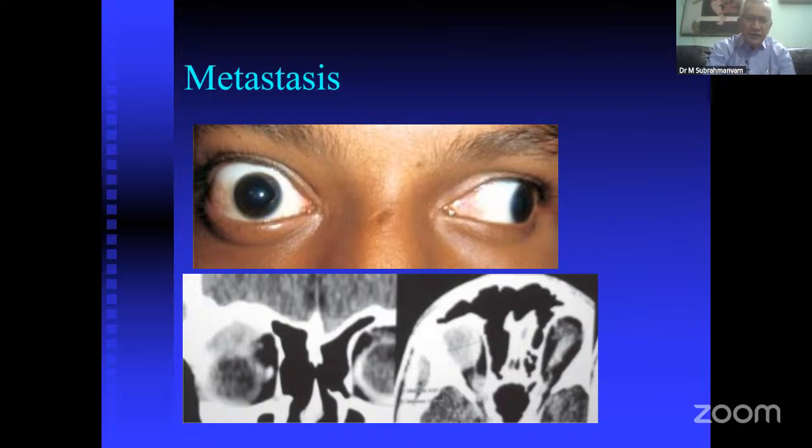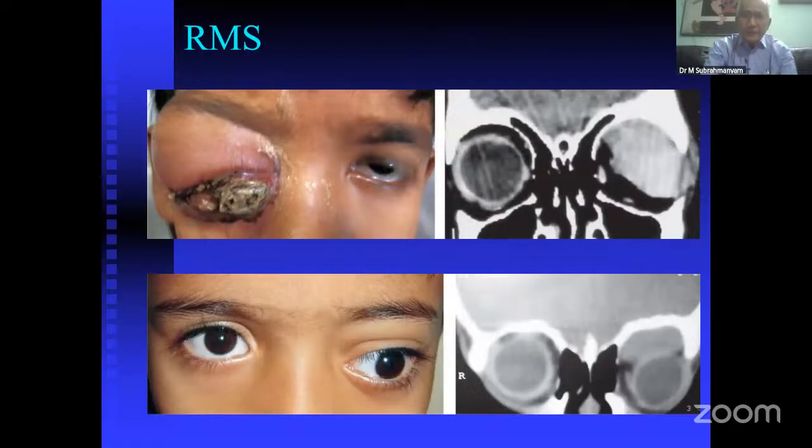We did an FNAC, and it's a neuroblastoma. Unlike the previous case, there was no history or previous diagnosis. So the metastasis into the orbit is the presenting symptom of the malignancy in this patient.